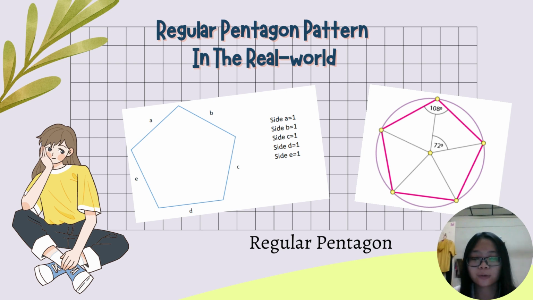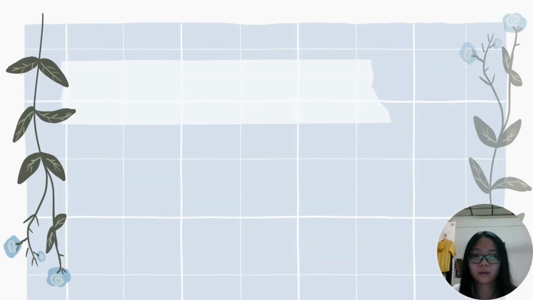If all the sides are equal and all the angles are also equal in measure, then it is a regular pentagon. Otherwise, it is irregular. Each interior angle in a regular pentagon is 108 degrees, and its exterior angle is 72 degrees. A regular pentagon can be divided into 5 similar triangles.